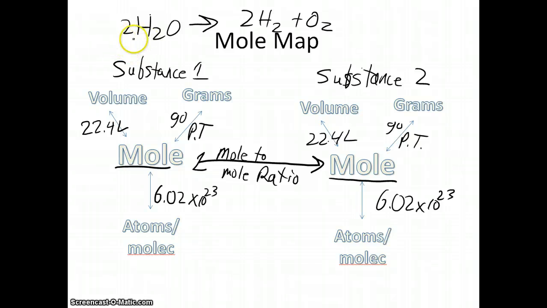We need to make sure it's balanced before we start, but we can say for every 2 moles of water that decompose, we get 1 mole of oxygen. For every 2 moles of water that decompose, we get 2 moles of hydrogen. That's our mole-to-mole ratio, and we use that to convert. So here we've got our mole map.